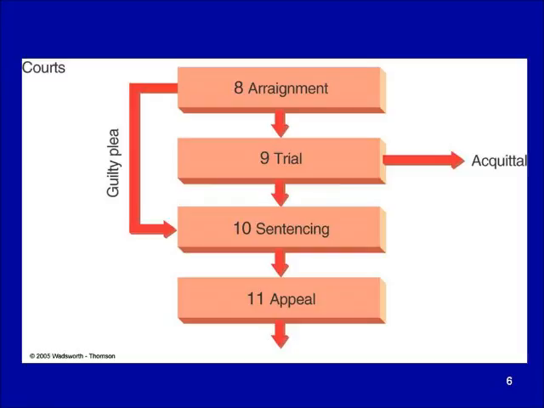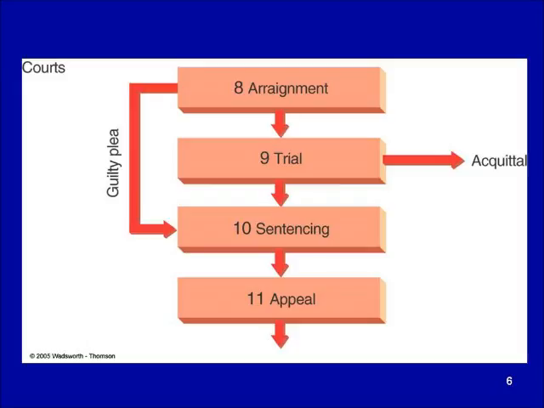At trial, it could be a bench trial, which is where the judge only determines guilt or innocence, or it can be a jury trial. We'll talk about, as the course goes on, the different types of trials and the processes related to that. But at trial, the trier of guilt, whether that be a judge or a jury, determines if the defendant is guilty or not guilty.